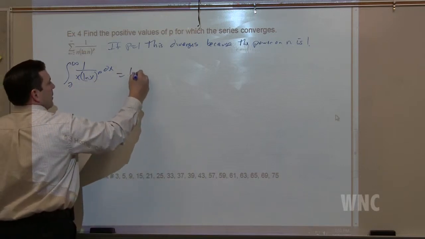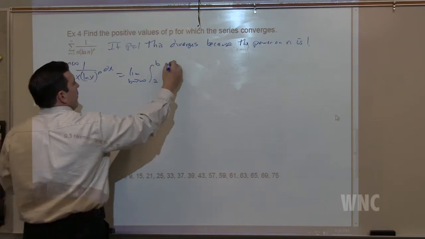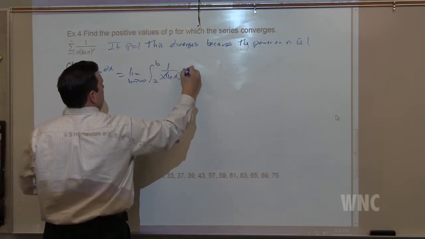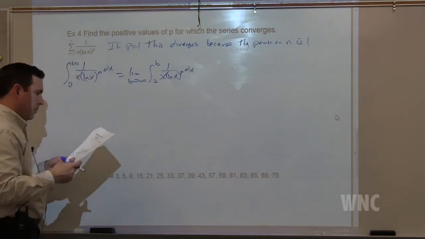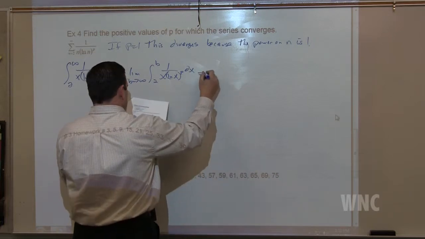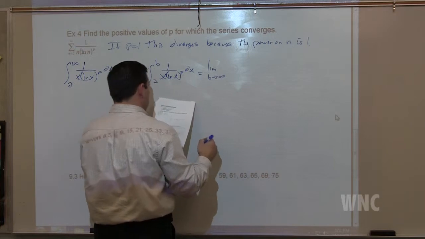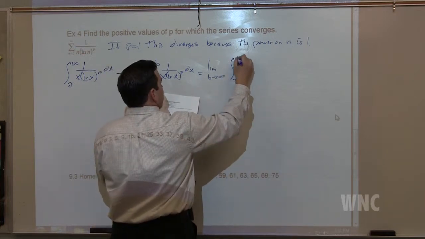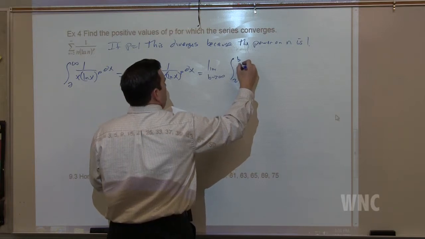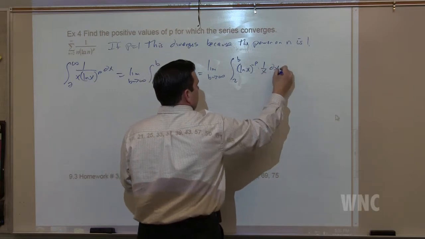That will be the limit as b goes to infinity, integral from 2 to b, 1 over x natural log of x to the p. So we'll have the limit as b goes to infinity, integral from 2 to b of natural log of x to the negative p times 1 over x dx.